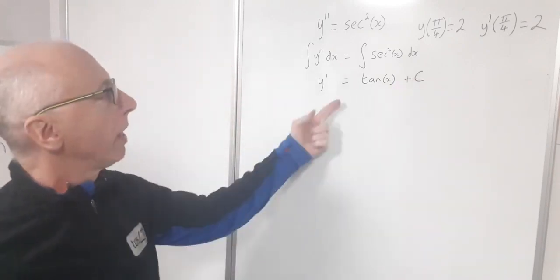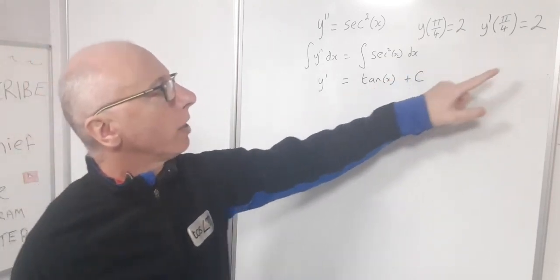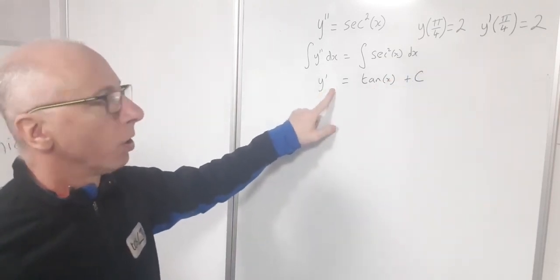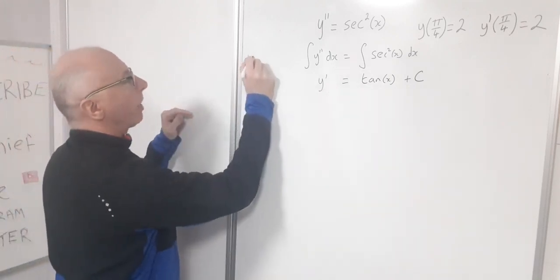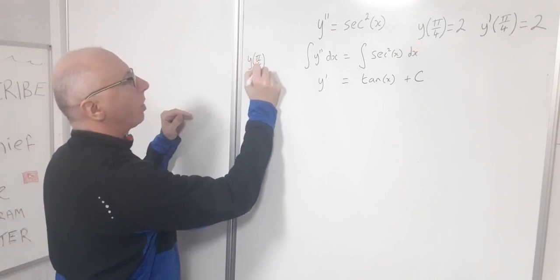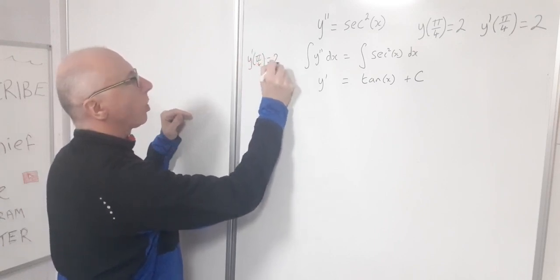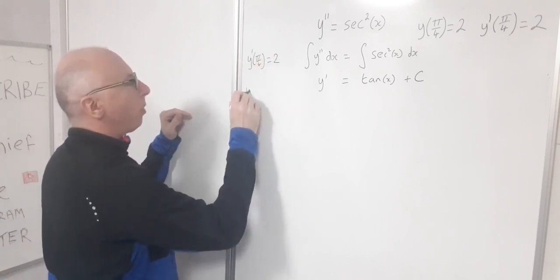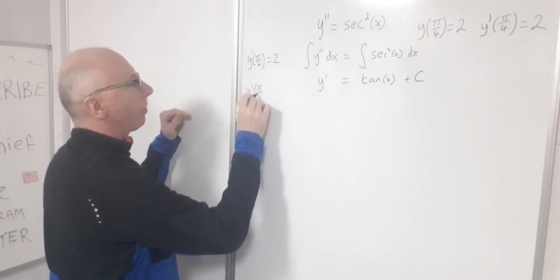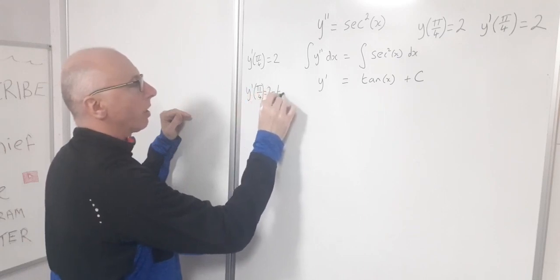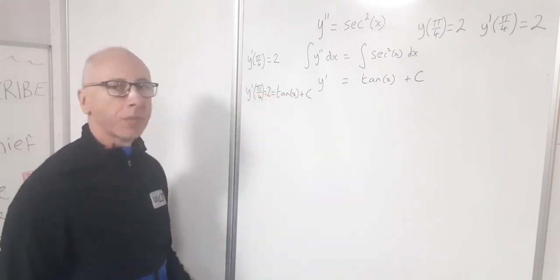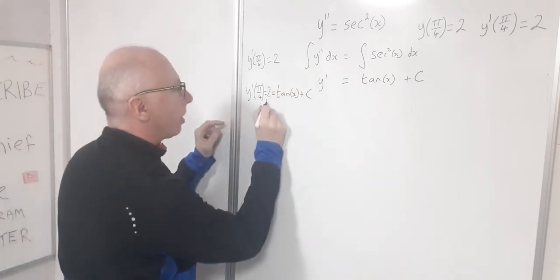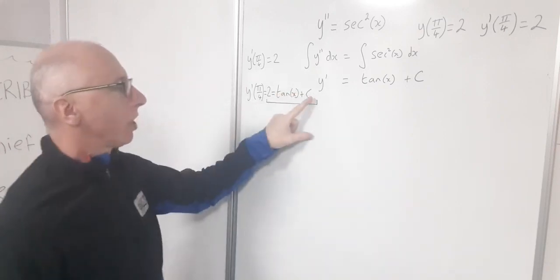Okay, now we can jump in here straight away because y prime at pi over 4 equals 2. Well, we've got our y prime here, so let's look at that. So y first derivative at pi over 4 equals 2. So therefore my y prime at pi over 4 equals 2 equals tangent of x plus c. This is the bit I'm actually looking for when I try and solve for my c.